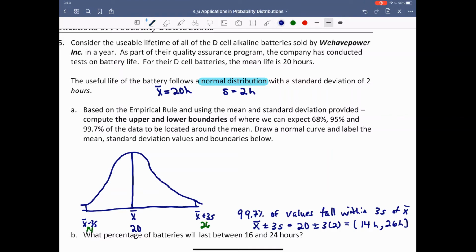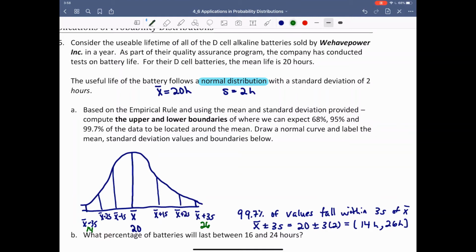Okay, we're going to end up with 3 equal sections here. You can use your imagination that everything is perfectly equal. We have x bar plus 1 standard deviation, x bar plus 2 standard deviations, and then in the opposite direction we have minus 1 standard deviation and minus 2 standard deviations.